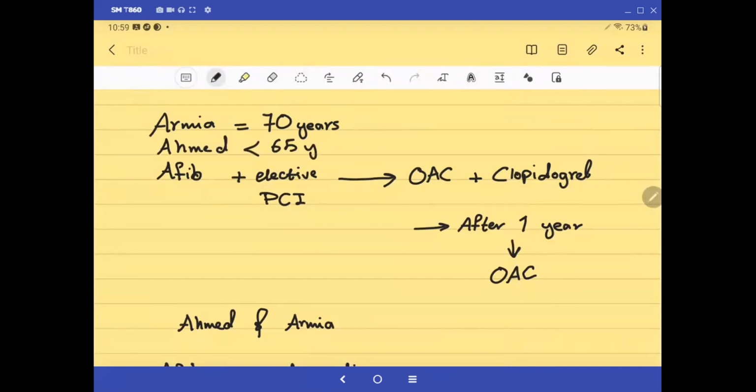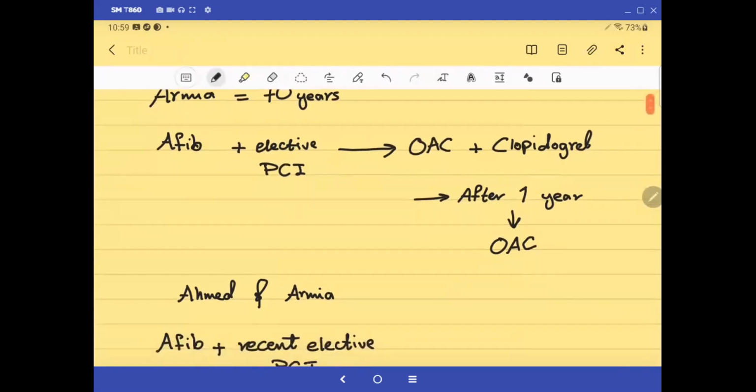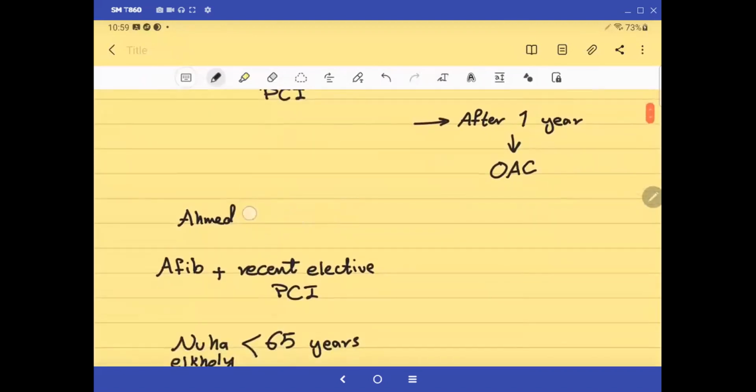Yeah, in the case of Ahmed Shams, we use aspirin plus clopidogrel for 12 months because it is the simplest case.